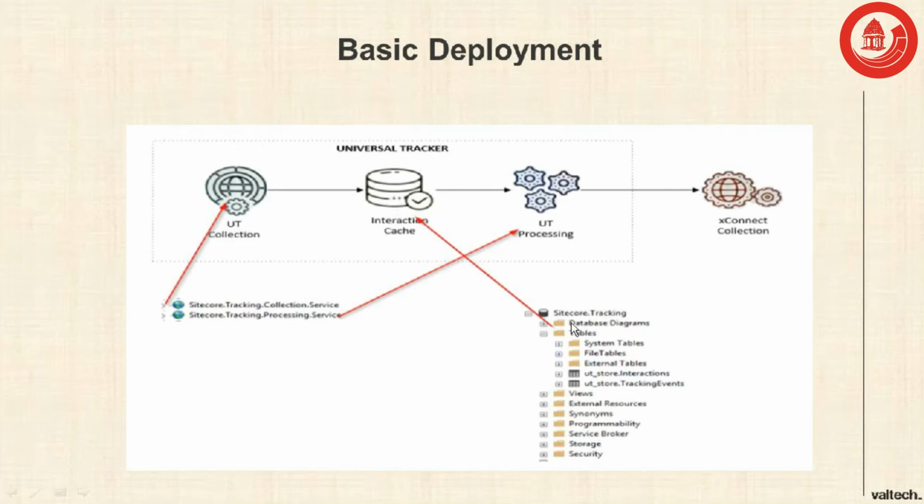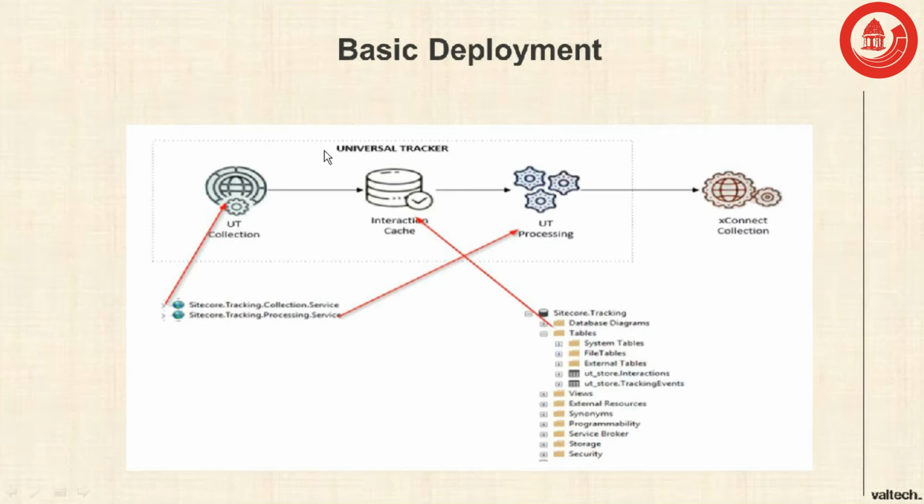To store the intermediate data, we have a Universal Tracker DB, which consists of 2 tables, the interaction table and the tracking events table. These 2 tables store the intermediate data. Once the data is processed by the processing service, it is automatically deleted from these 2 tables. So this was an overview of Universal Tracker.